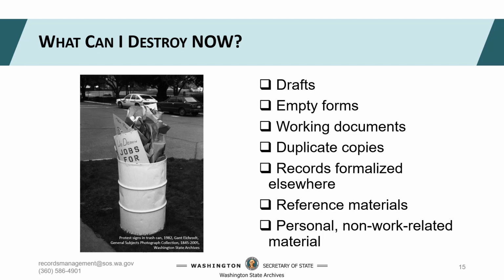So what can you destroy now? Transitory records have temporary informational value and should be deleted or recycled as soon as possible. You'll find a whole section of record series at the end of both the core and state general schedule that will help you connect your transitory records to the appropriate DANs for disposal.